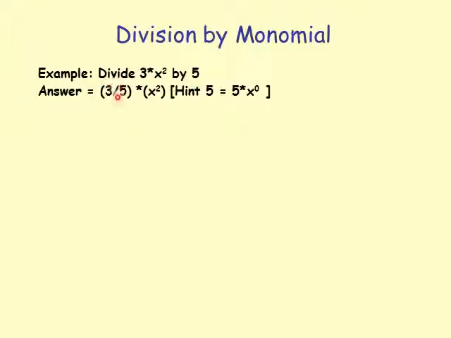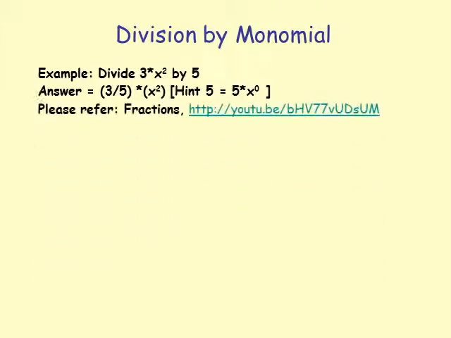That's the coefficient part of the answer, and x squared is the x part of the answer. So the flag value is 2, and hint, in case you didn't see it, 5 is equal to 5 with x to the 0th power. We are using fractions here, and we did a video on fractions, and that is the link to that video.